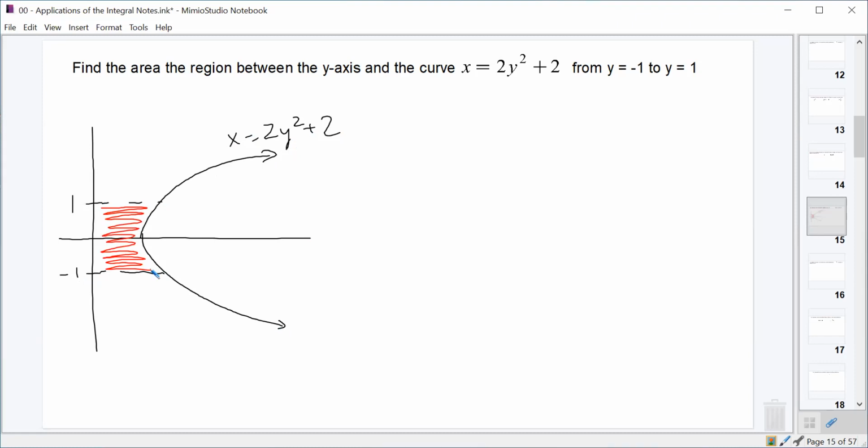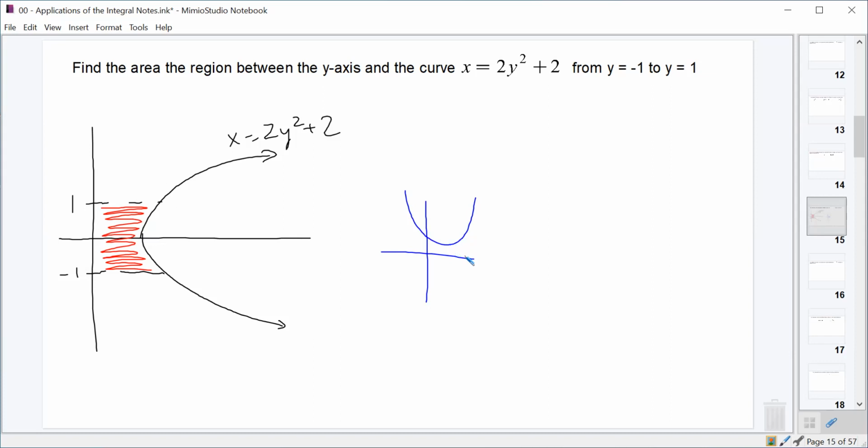And so really we just need to think about this in terms of the little rectangles that we would normally draw. Normally when we do an area under a curve, we think about it as a bunch of infinitesimally thin rectangles underneath that curve that we're summing together.